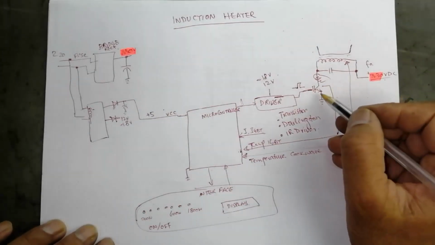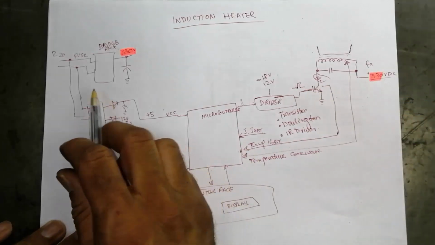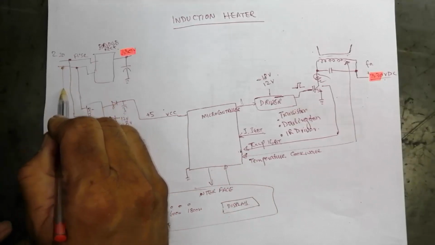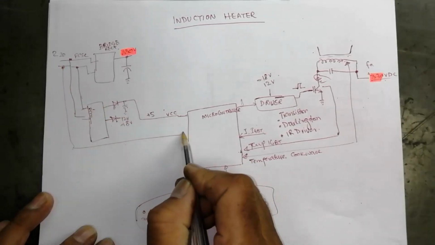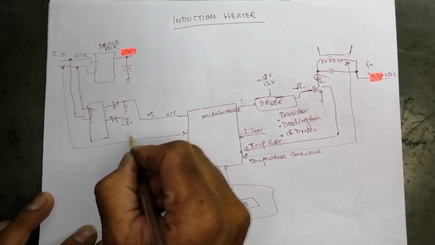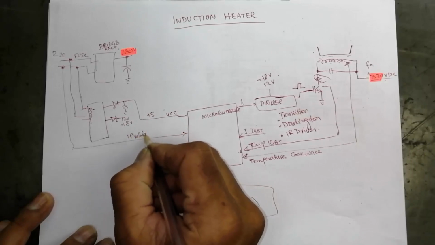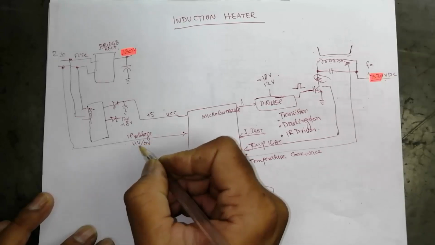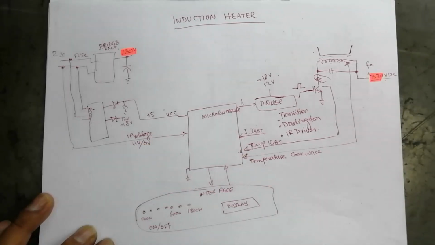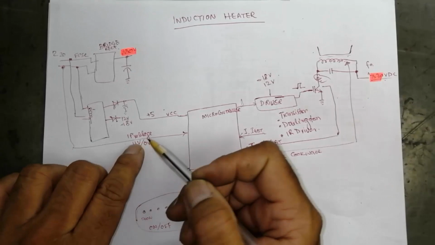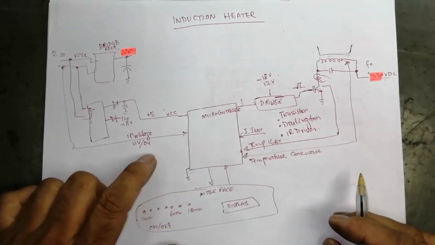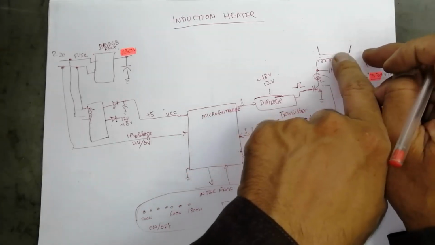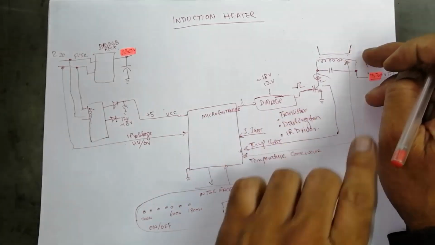Now, it will sense voltage here. Input voltage, under voltage, over voltage. Then it will detect the material of the cookware.